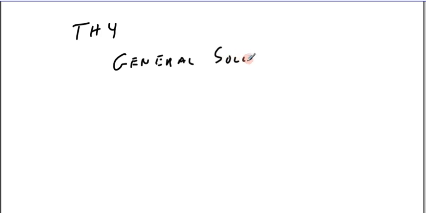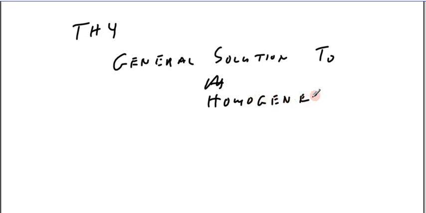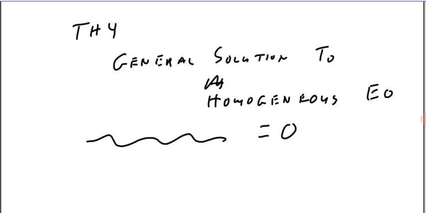When we move to theorem 4, we find general solutions to homogeneous equations. Okay, well, if I could spell homogeneous. And homogeneous equations mean that I've got some equation and it's equal to 0.